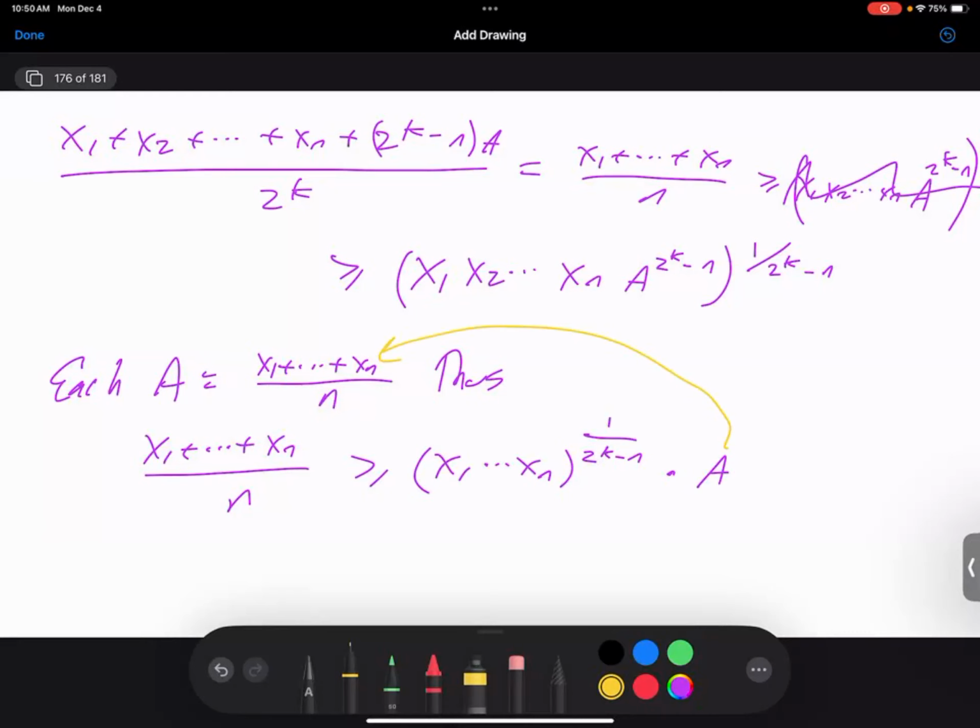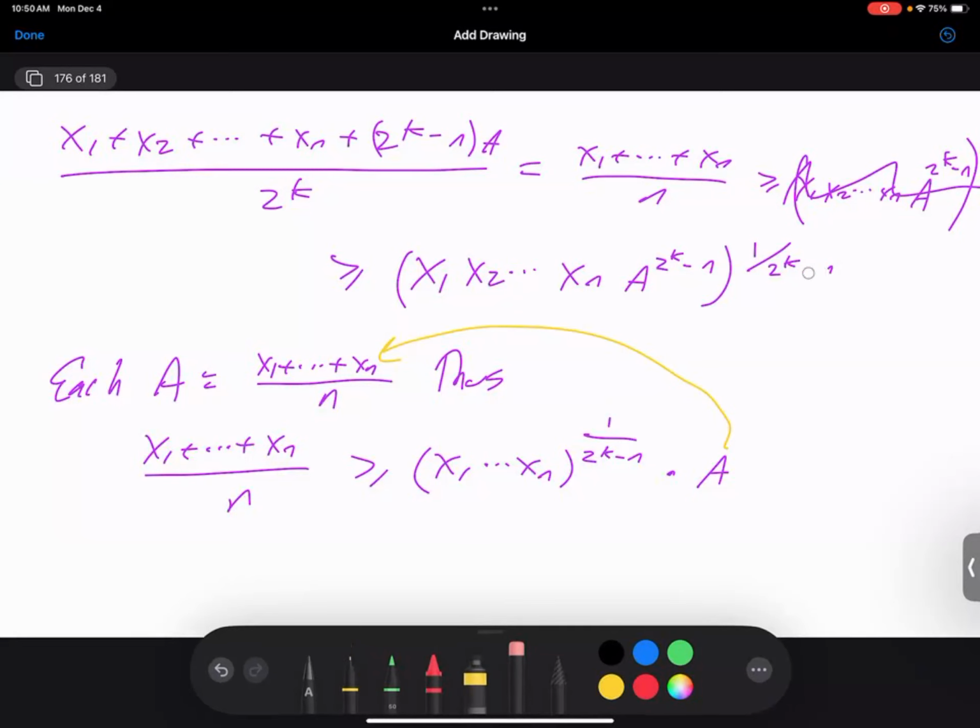Did I make a mistake? So I think I dropped something. Let me quickly check. Oh, we're taking it just to the 2 to the kth root, not to the 2 to the k minus n.